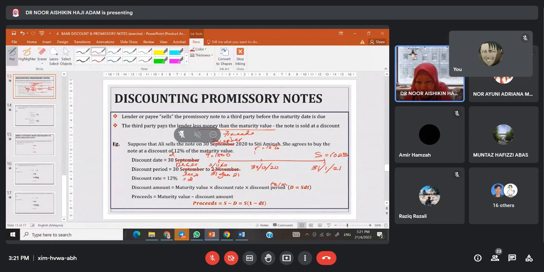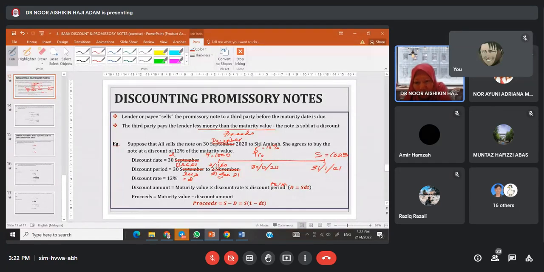Proceeds duduk kat sini on the discount date. Maturity value, mungkin sepatutnya kalau kita tengok cerita ni lah. Had he waited until 31st January 2021, he would receive 1,025 ringgit from Abu. Maksud ni, that is the maturity value.